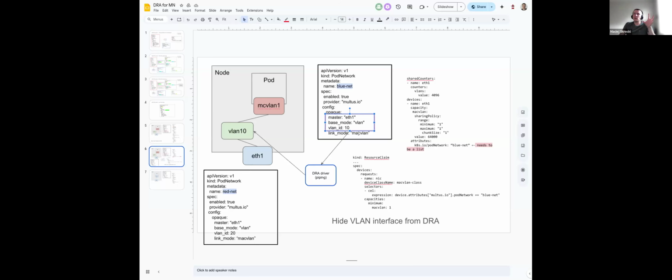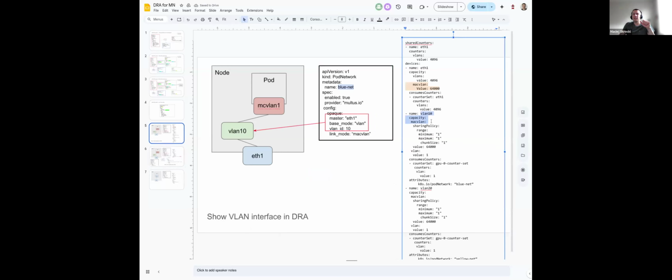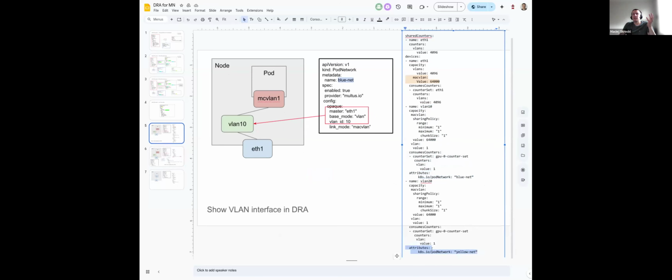With this approach, if we were to have the VLAN as an explicit device, we can put additional attributes on that device, and that attribute will be exactly this: blue network, yellow network, green network, whatever. So this is where we can leverage what we already have. I think that's what I'm getting at.